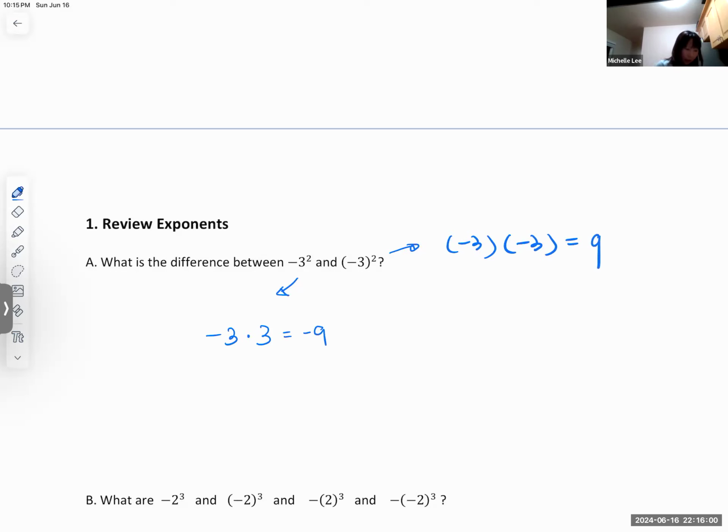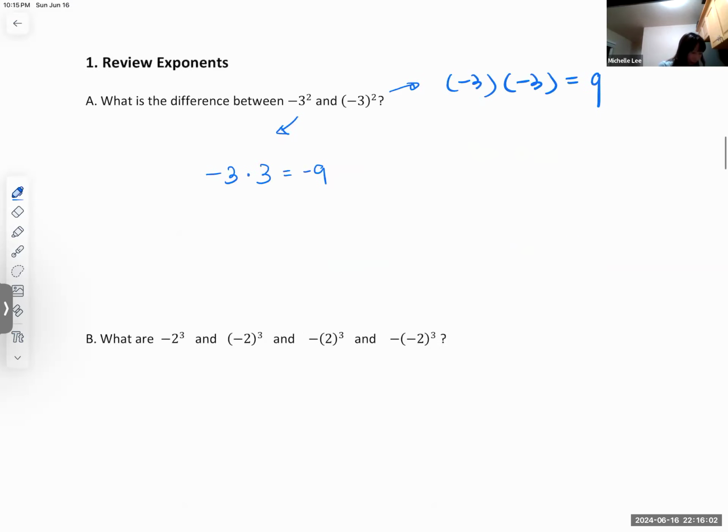Okay, let's do the second one. This one is similar to the first one, right? So -2 times 2 times 2, so that will be -8. And this means -2 times -2 times -2, which is -8, right?